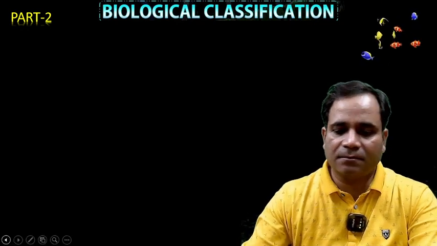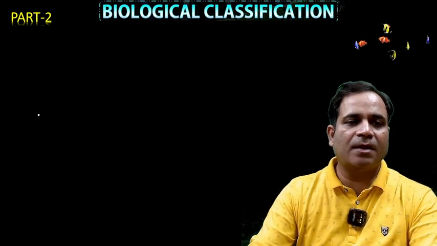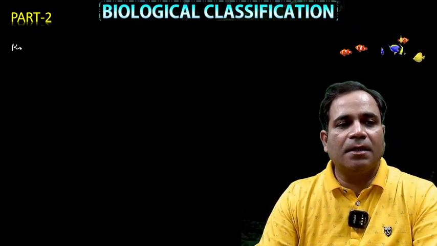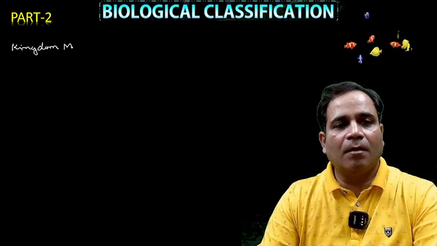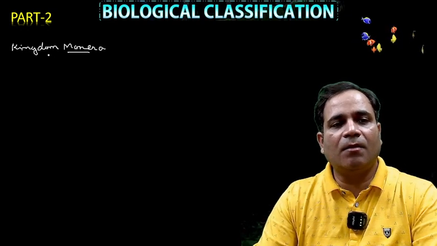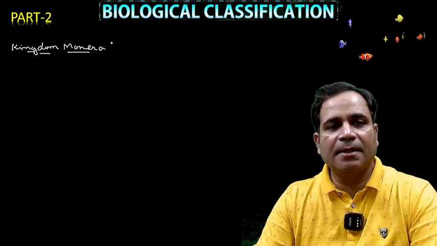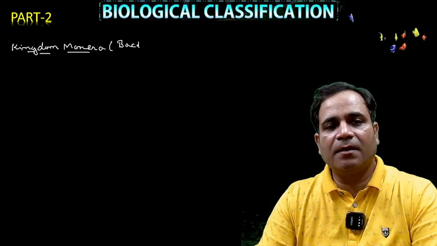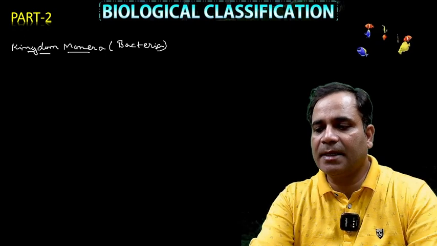Okay, let me start the kingdom, which one? Kingdom Monera, my dear. So I'm writing here: the kingdom Monera. In kingdom Monera, what we know, the sole member here is bacteria. Here the sole member, which one? Bacteria, right? Is that clear?